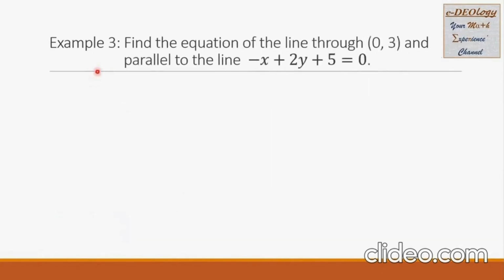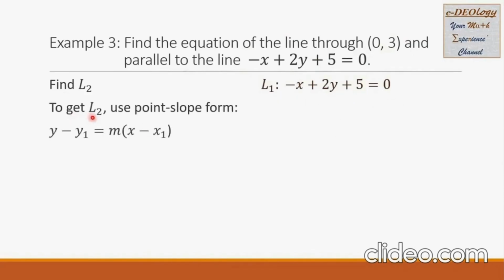Let us have example 3. Find the equation of the line through the point 0, 3 and parallel to the line negative x plus 2y plus 5 equals 0. We are going to find the line 2 because the line 1 is already given here.